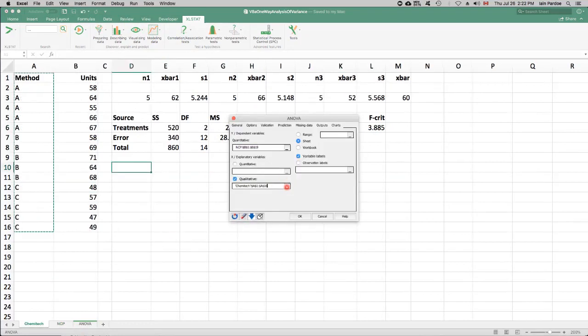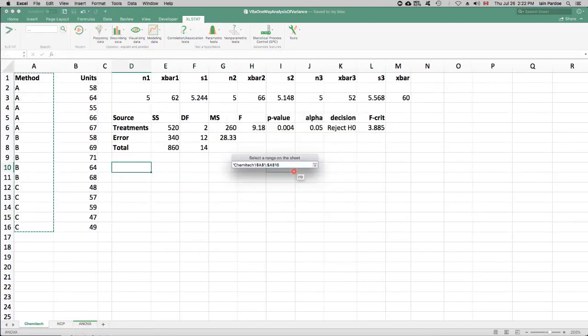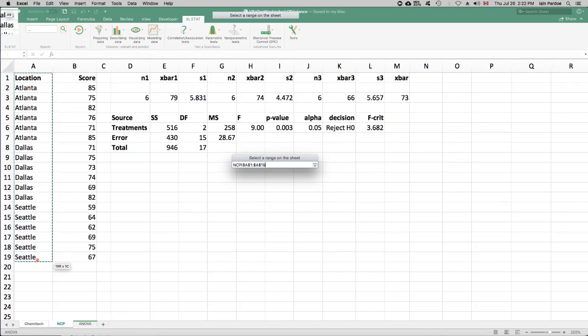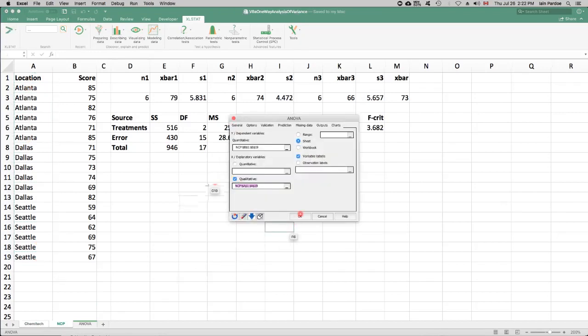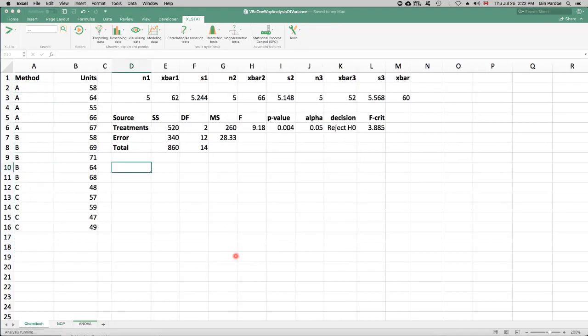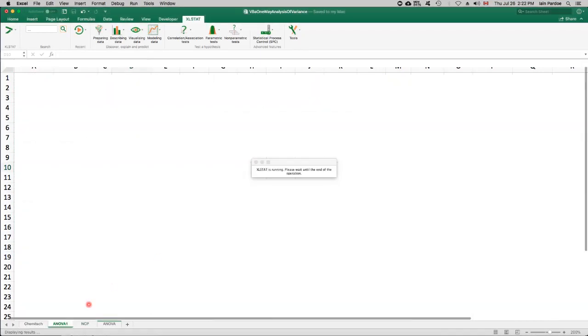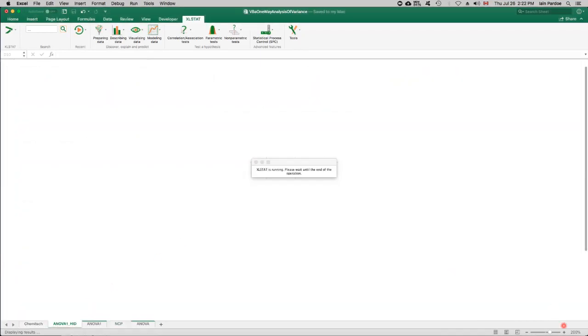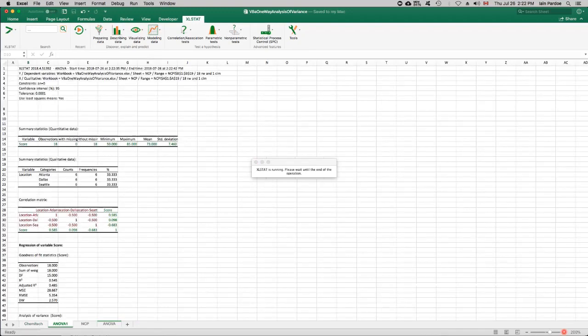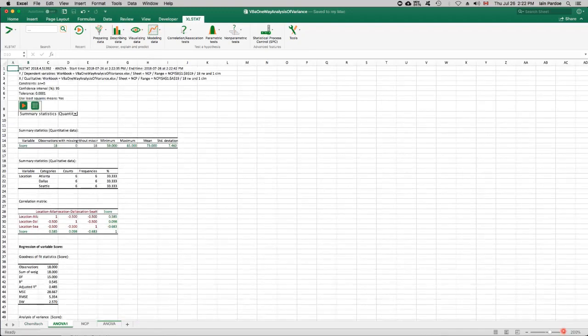And then the qualitative variable tells us which location. And then okay that. And we're looking for the analysis of variance table. Give me a second now.